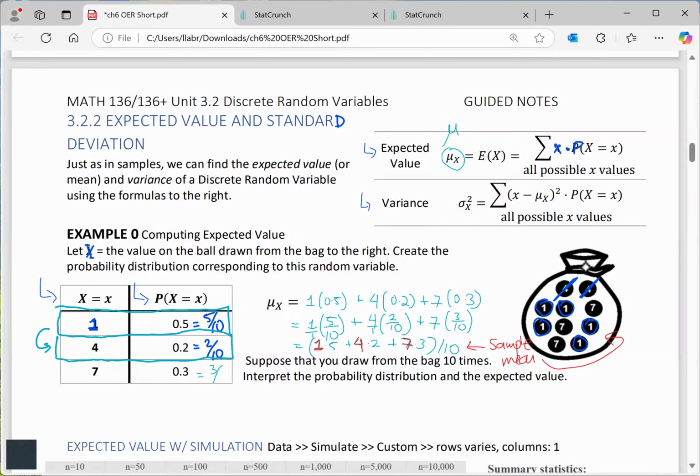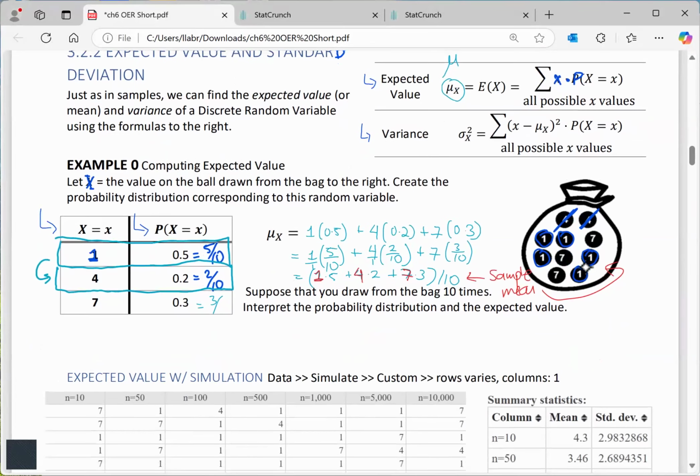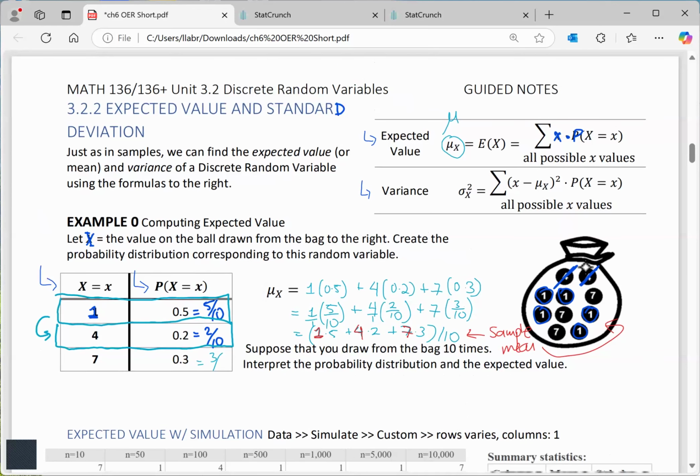Notice that there is a difference here. If I had taken a sample, then mu is the actual sample mean, but I'm describing the potential outcomes, in other words, the value of the ball that is drawn. That's why it's called the expected value. When you use the word expected value, you're actually describing the experiment, but when you use the word mean, you're describing a sample.